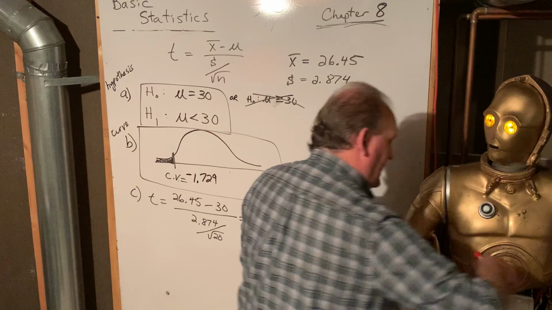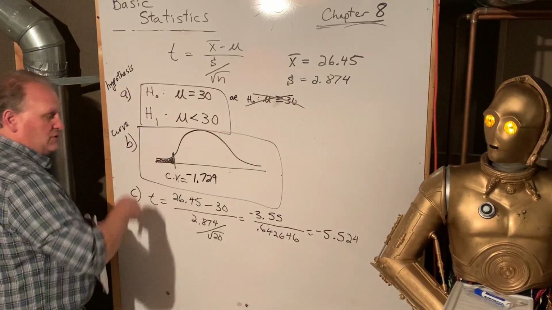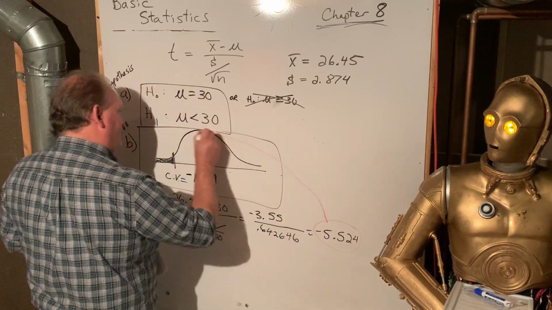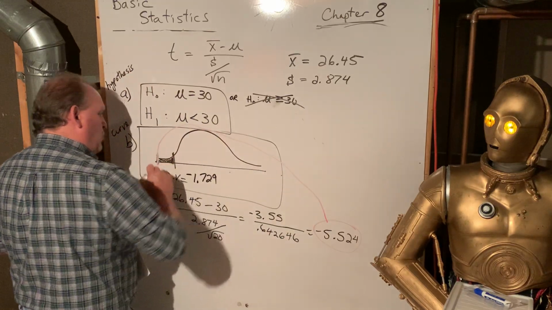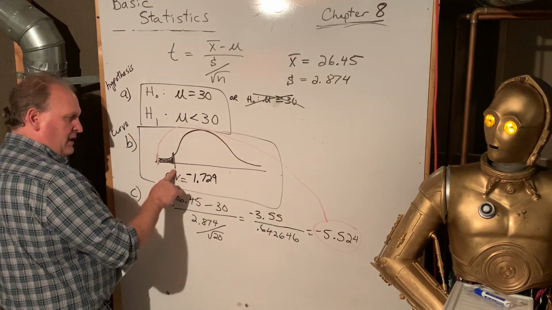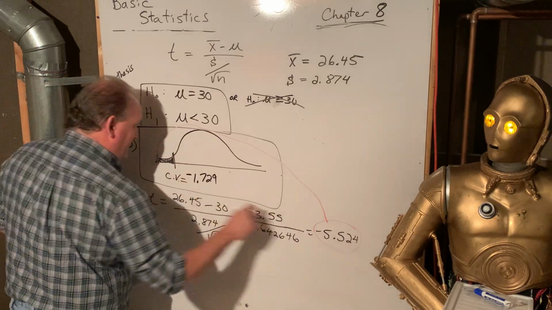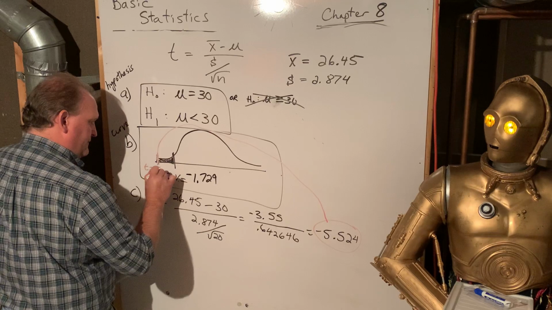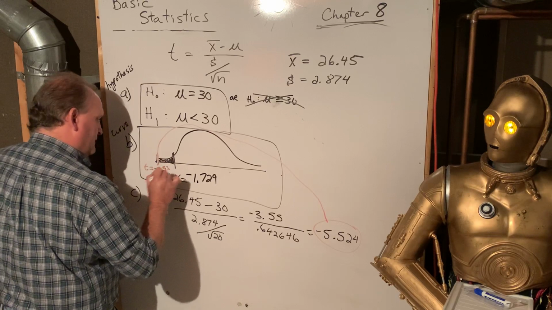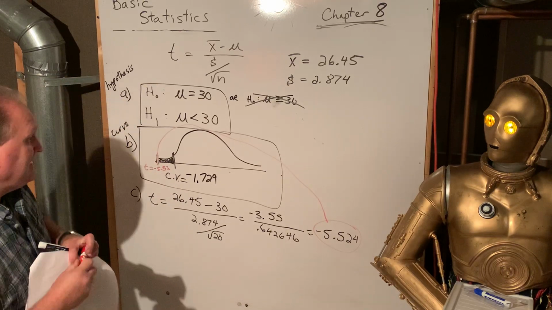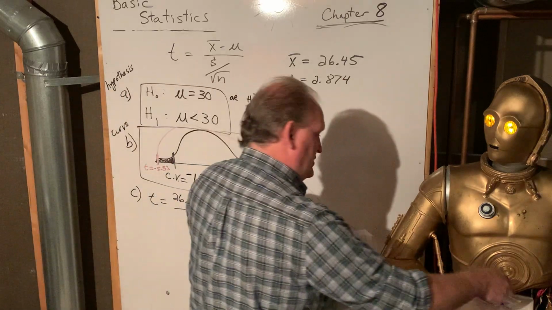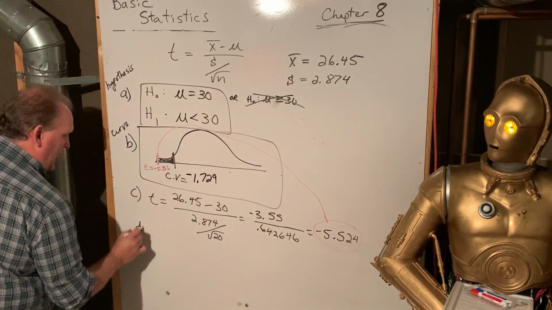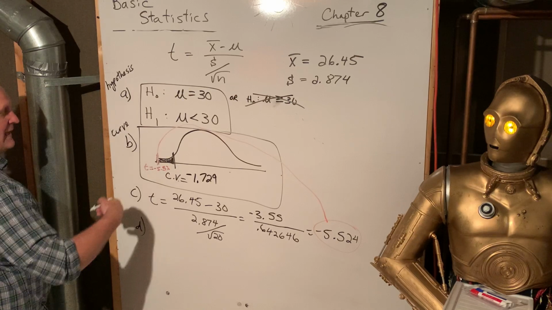So now we go back up to our picture. We take this and we graph it onto our picture. Well, yeah, that's way in the shaded area. If this is negative 1.8, that's negative 5.5. That's way down there. So that's definitely in the shaded area. So then letter D is we either reject the null or fail to reject the null.